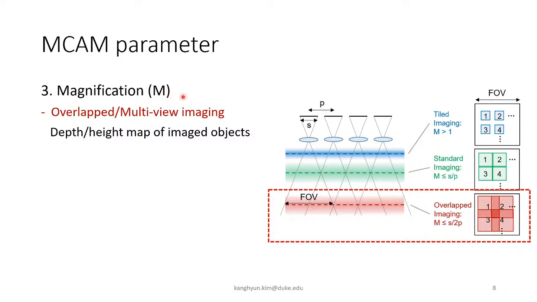The first possible MCAM imaging configuration is multi-view imaging, which images points within the specimen plane with at least 2 or more microcameras. This type of multi-view imaging geometry offers a number of interesting benefits.